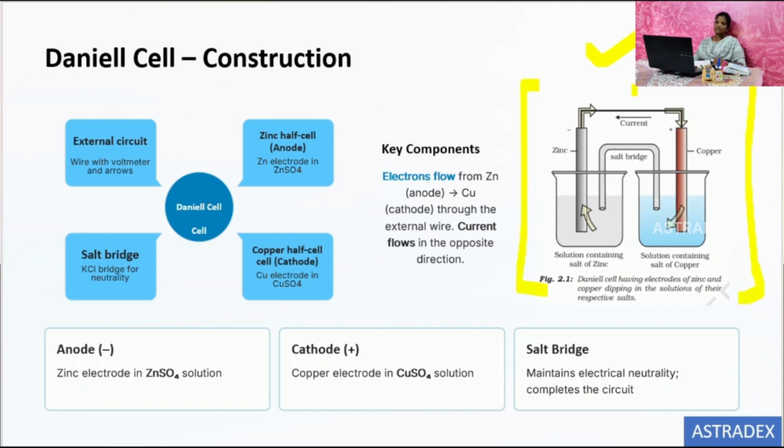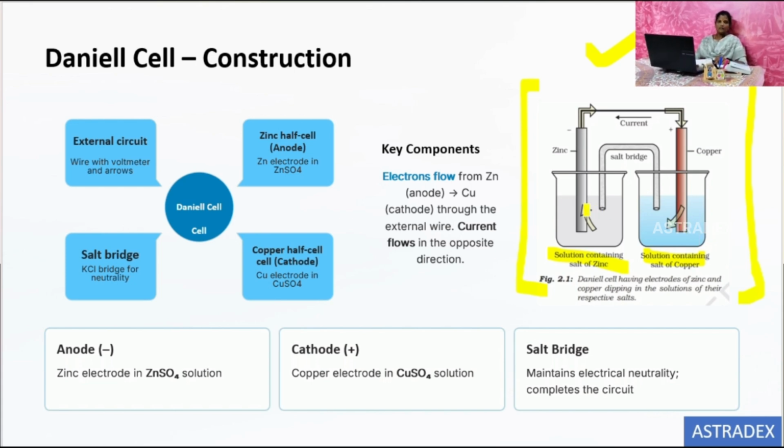So this is an example of an indirect redox reaction, with two separate containers. One container has the zinc electrode, the other has the copper electrode. On the left side the zinc will undergo oxidation and on the right side the copper will undergo reduction.